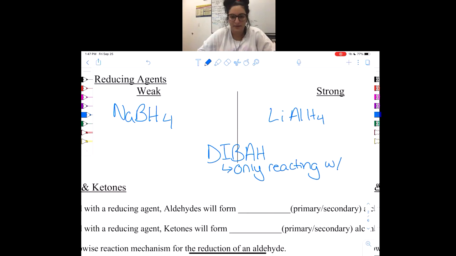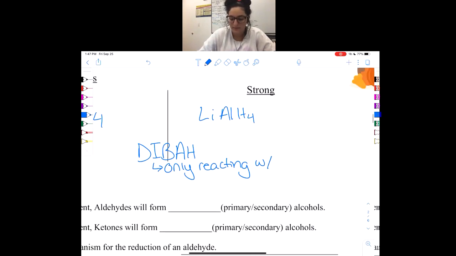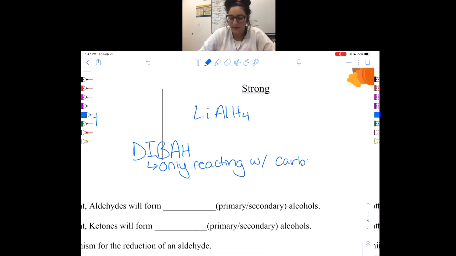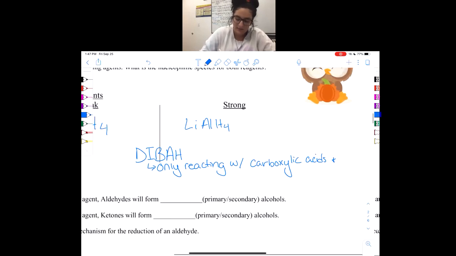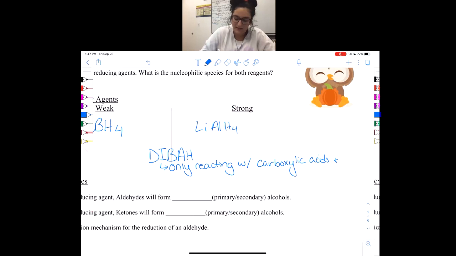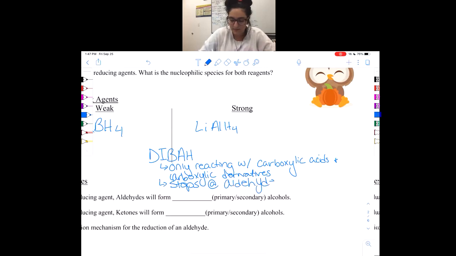So DIBAL is essentially only reacting with carboxylic acids and carboxylic derivatives, and it stops at the aldehyde.